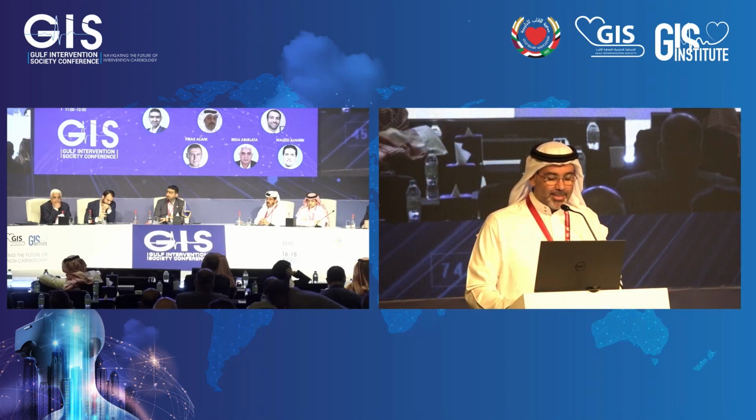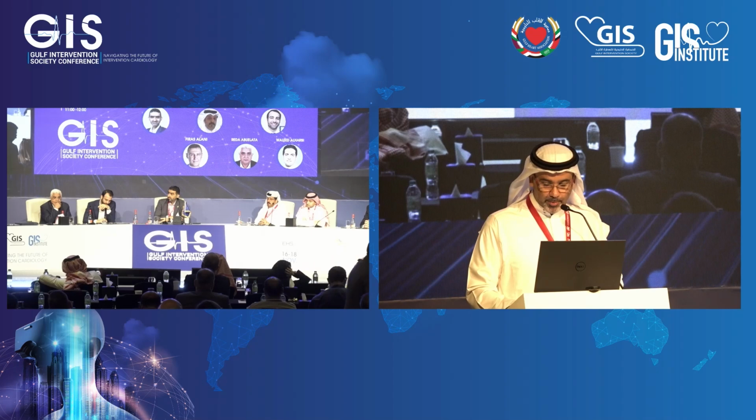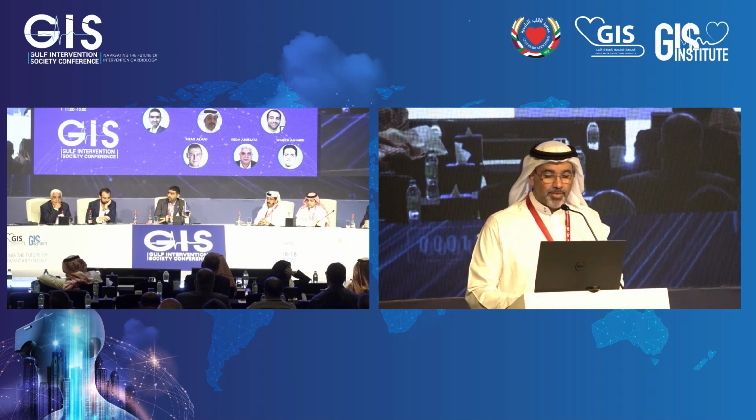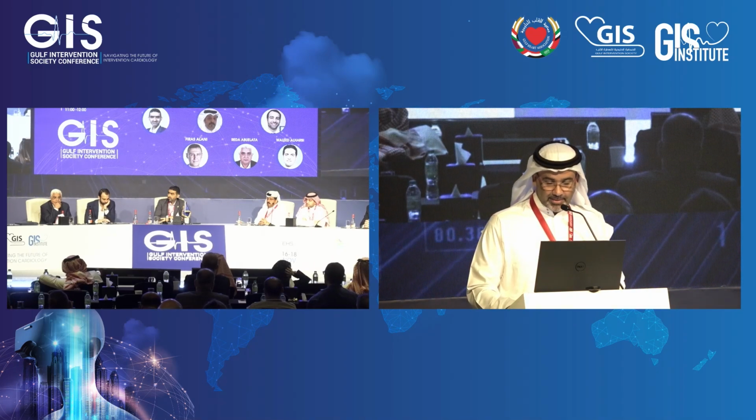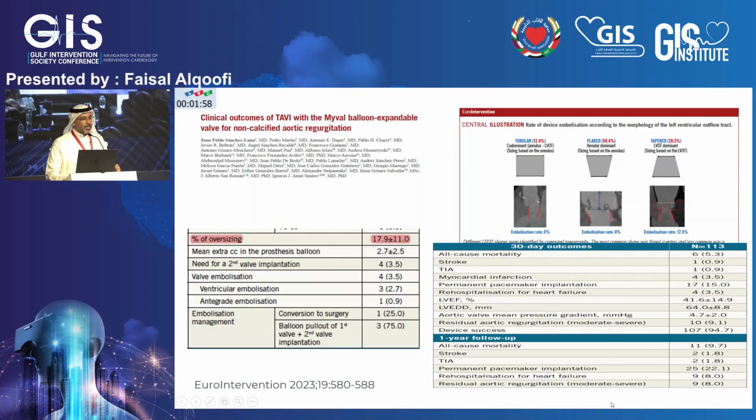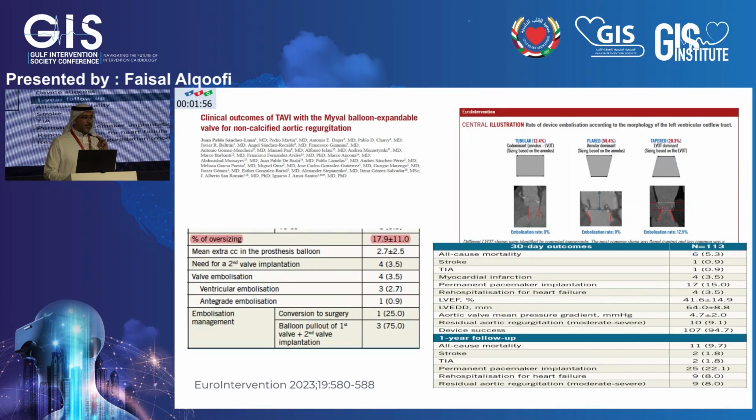So this is a publication. Sorry, if you give me control of my slides. Thank you. This is in pure aortic insufficiency using the JenaValve, more than 113 cases basically. But what came out of this study is a neat concept: if you are going to do this in somebody with pure AI, look at the relationship between the left ventricular outflow tract and the annulus. If you remember from the live case, we were looking at 4 millimeters above the annulus.